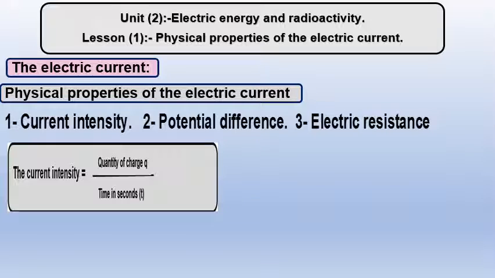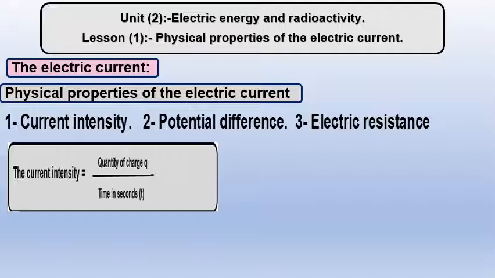Pay attention, Prep 3. This lesson contains many definitions and many concepts. When I say quantity of a charge, I must say it passes through a cross section of a conductor.